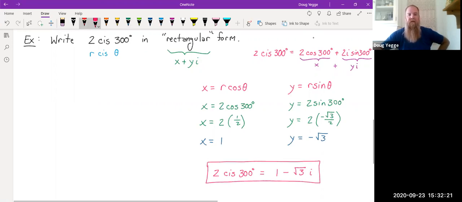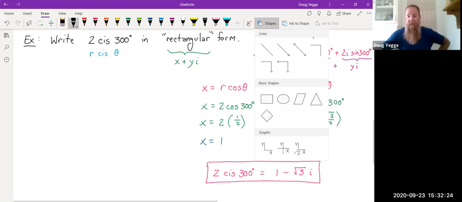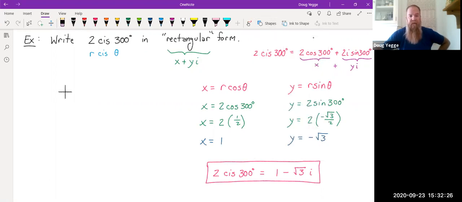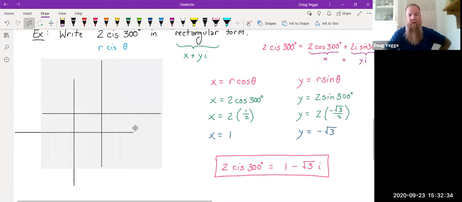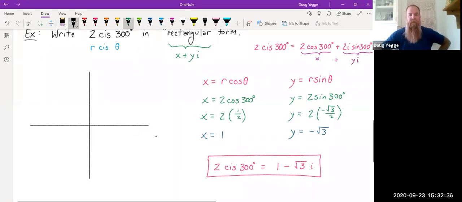Now I'd like to take a look at this on a graph and recognize why this makes sense. So if I were to take a look at 2 cis 300, that would simply mean to start with the 300 degree angle, which is down in the fourth quadrant. So here's our 300 degree angle. Because it said 2, I'm going to go 2 units outwards at the angle of 300 degrees.